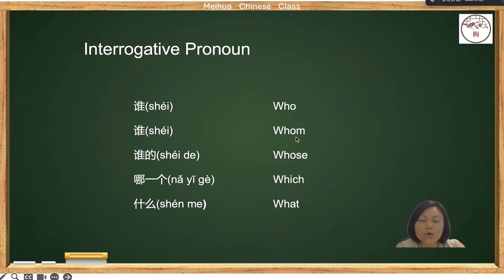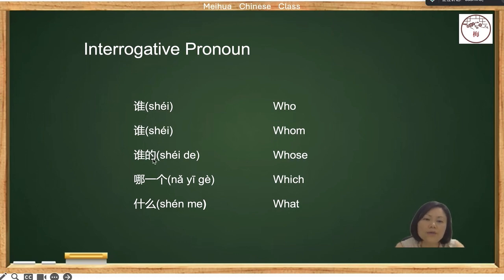For whom, it's accusative form, right? In Chinese we also say 谁. Actually, these two are the same, no difference. For whose, we say 谁的. Whose is about possessiveness, right?